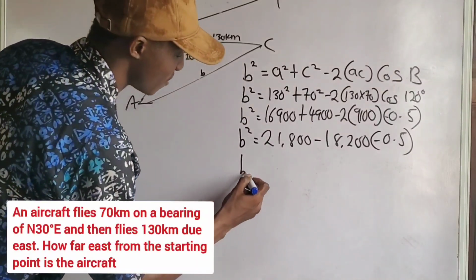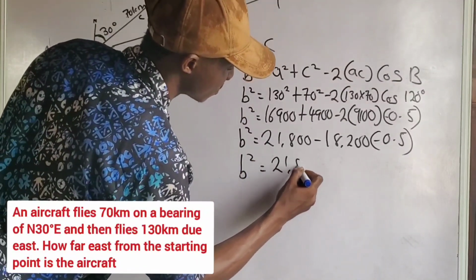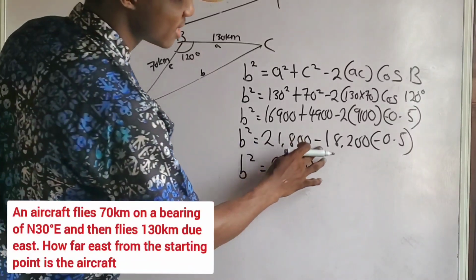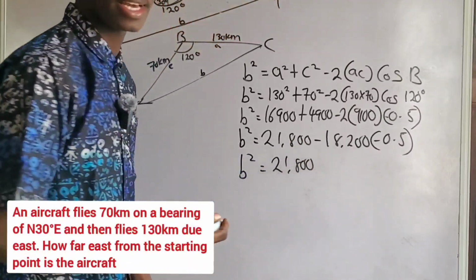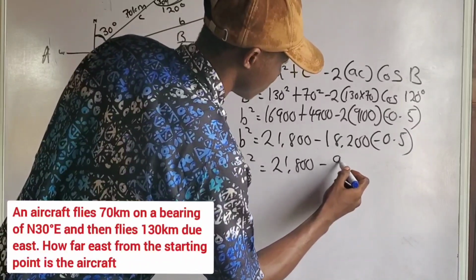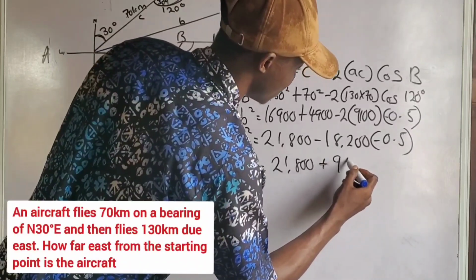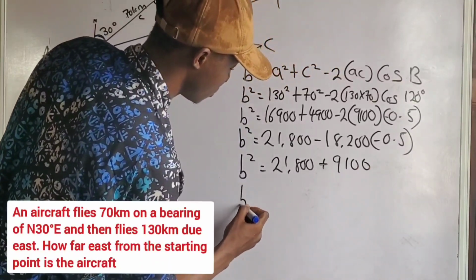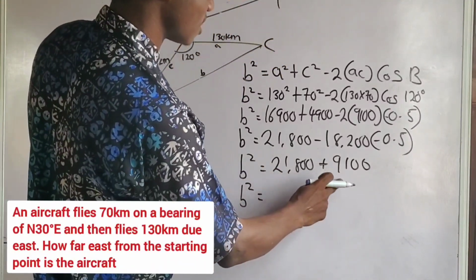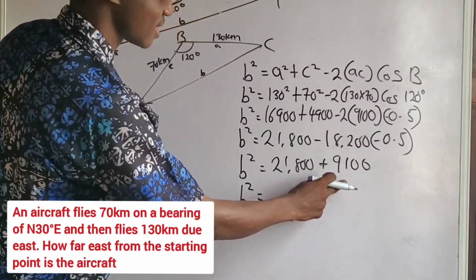So b squared is equal to 21,800 minus 18,200 multiplied by negative 0.5, which is negative 9,100, so positive 9,100. b squared is equal to 21,800 plus 9,100, that is 30,900.